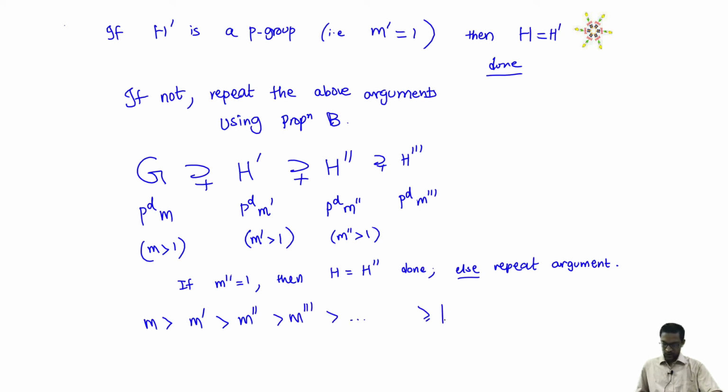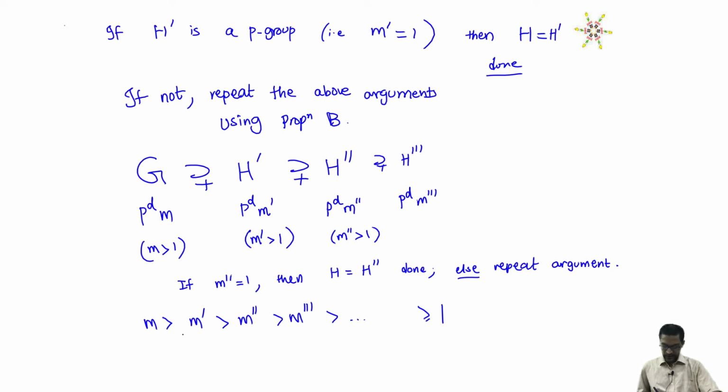They're all at least 1, of course. Why is this inequality strict? Because at every step you have a proper subgroup, right? So the cardinality of G is strictly bigger than the cardinality of H prime, which means that since the P power D factor is the same, M had better be bigger than M prime.